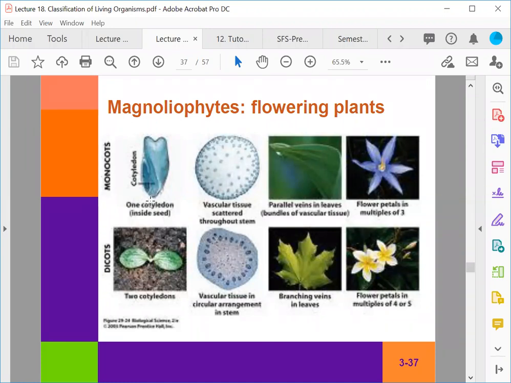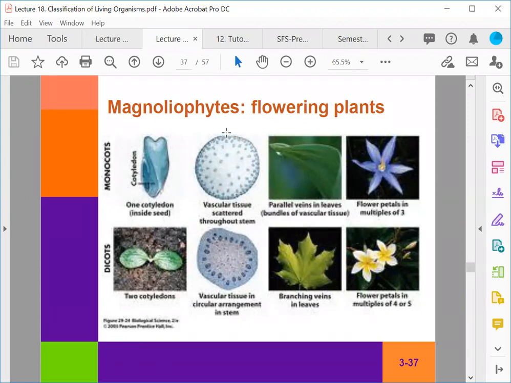So the monocots have 1 cotyledon, that is, they form 1 leaf inside the seed. 1 cotyledon, 1 seed leaf, it's referred to. It's not a true leaf. It is referred to as a seed leaf. And when the seed germinates, only 1 leaf initially appears, or 1 cotyledon appears.